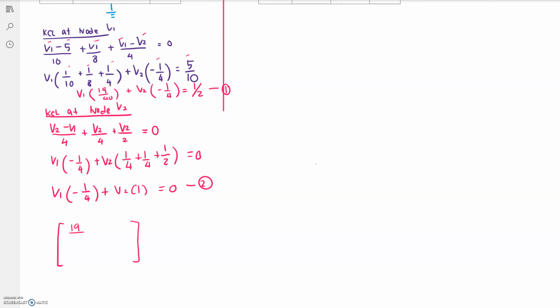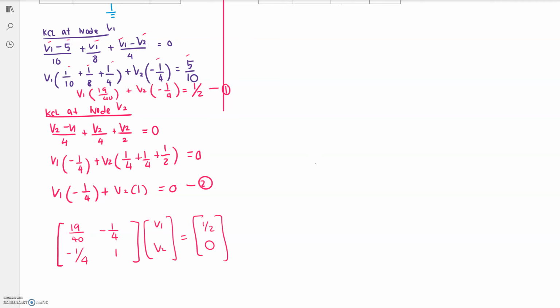The matrix has 19 over 40 and minus 1 over 4 for V1 and V2, with the ones and 0 here.